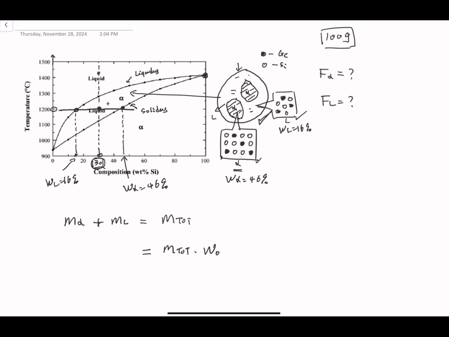Now, after phase separation, how do we get the total amount of silicon? After phase separation, the system has two different phases. The silicon contained in the alpha phase simply equals the composition of silicon in the alpha phase times the mass of the alpha phase. So this is the total silicon in the alpha phase. And then we have the composition of the liquid phase times the mass of the liquid phase.